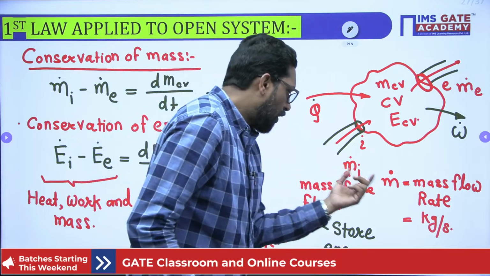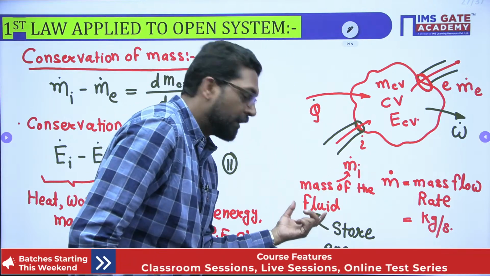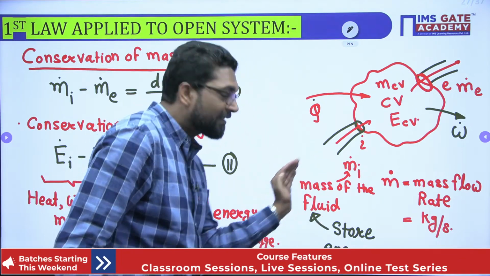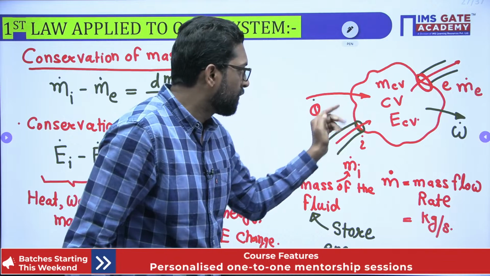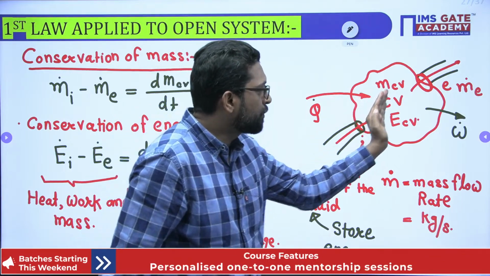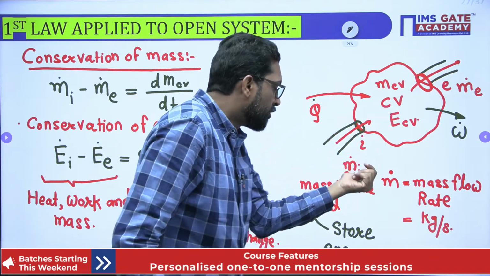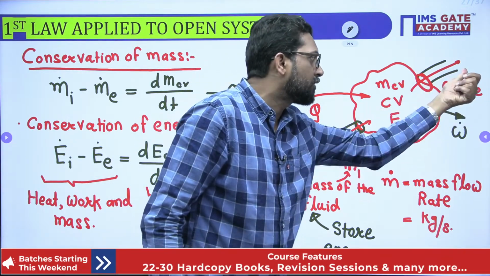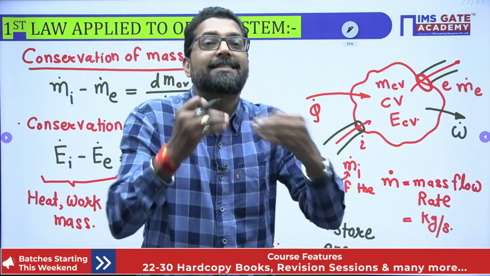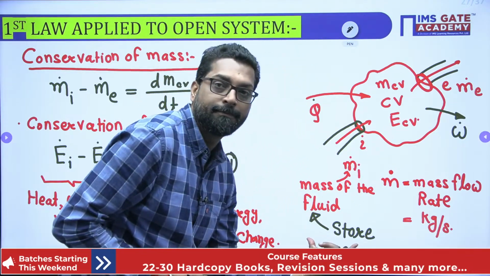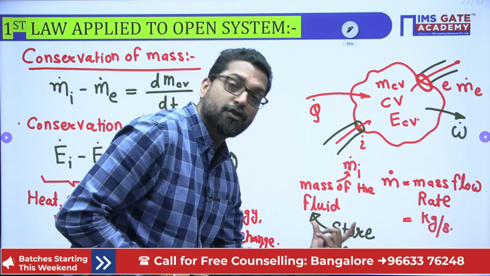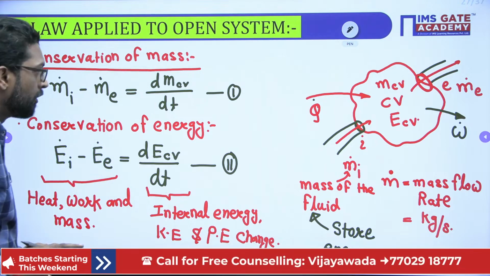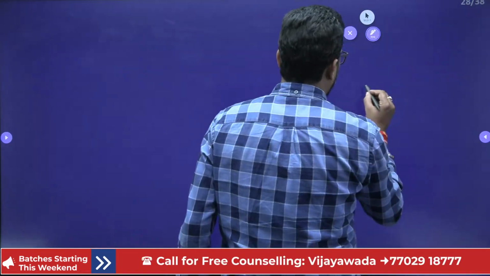And this stored energy is in numerous forms. When the mass of the fluid enters the system and the mass of the fluid exits from the system, that mass itself has a stored energy.